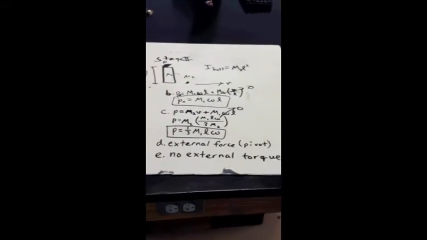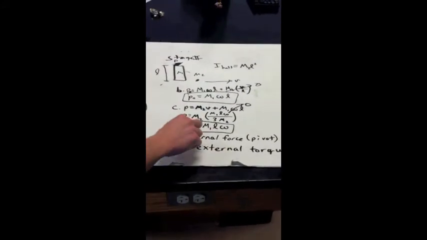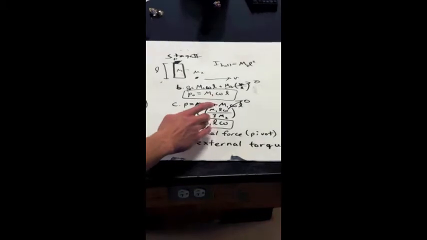We already have this velocity over here, so we plug that in and solve algebraically. These m2s cancel out, so the mass of the ball actually has nothing to do with the linear momentum of the system, so it's going to be 1/3 m1 L omega.